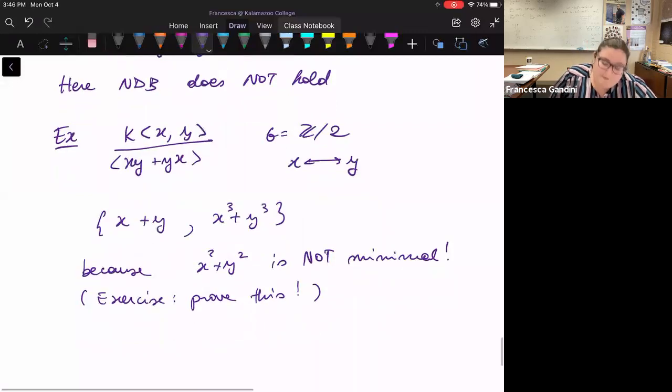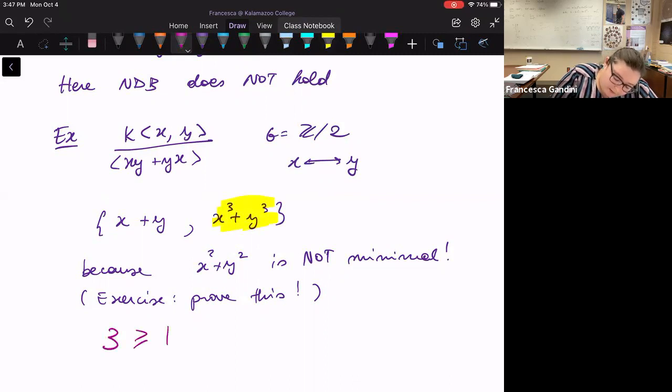And so because the minimal invariant is degree 3, this fellow here has degree 3, which is bigger than the order of the group, 2, this violates the Noether degree bound.